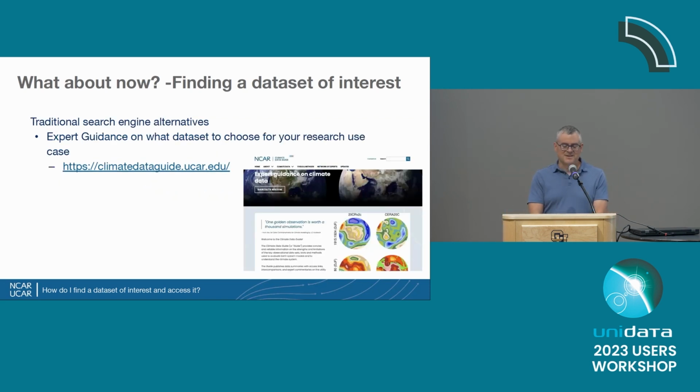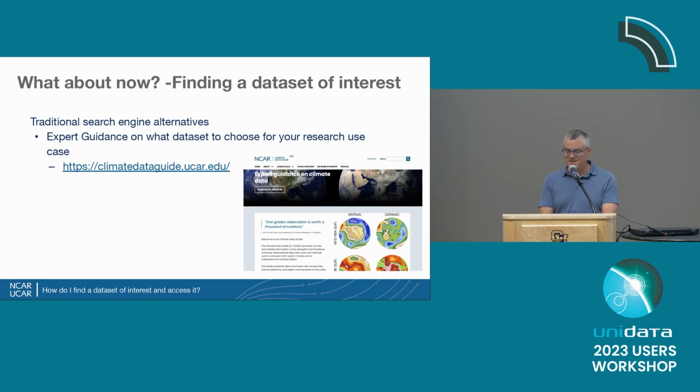Once again, those are a lot of resources and tools out there to find data sets, but really what's fit for purpose for your research use case? There are a few tools out there that have that type of information, but one that I want to point out is the Climate Data Guide at UCAR, so that's the link on this slide. The whole purpose of this resource is to provide expert guidance on data set characteristics.